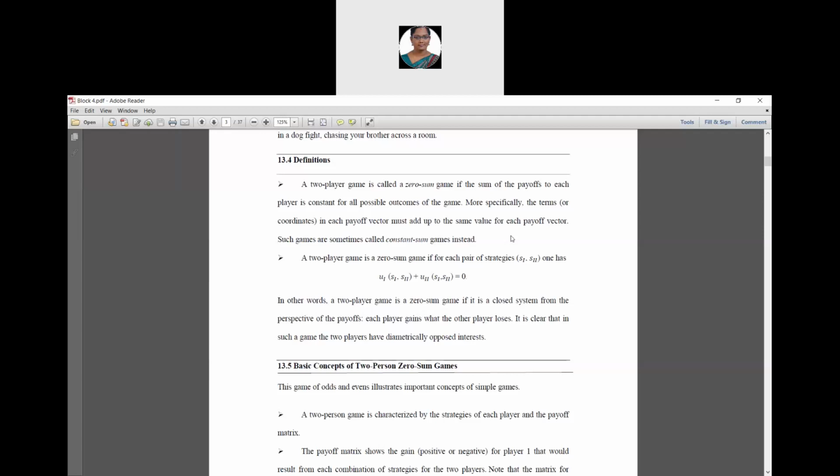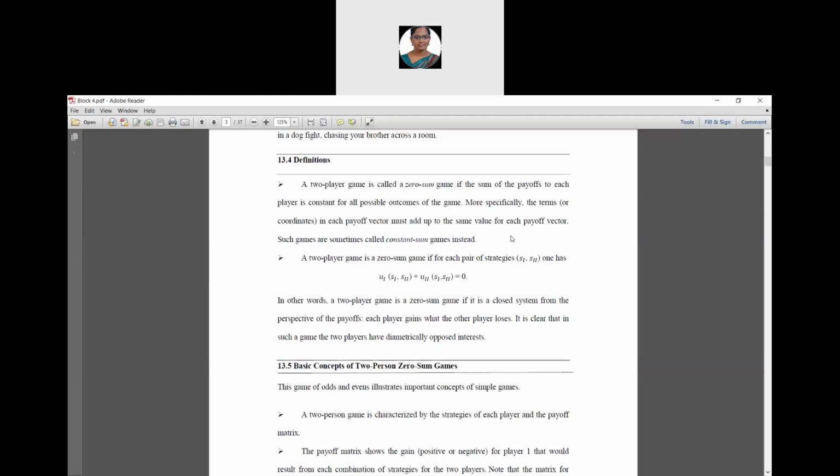Then a two-player game is a zero-sum game if for each pair of strategies S1 and S2, S1 meaning the strategy for player 1 and S2 meaning the strategy for player 2, it is defined as U1(S1, S2) + U2(S1, S2) = 0.